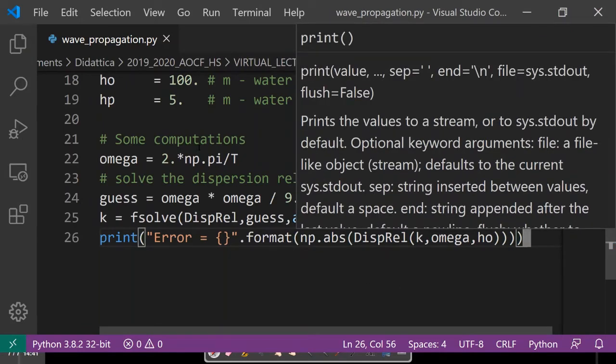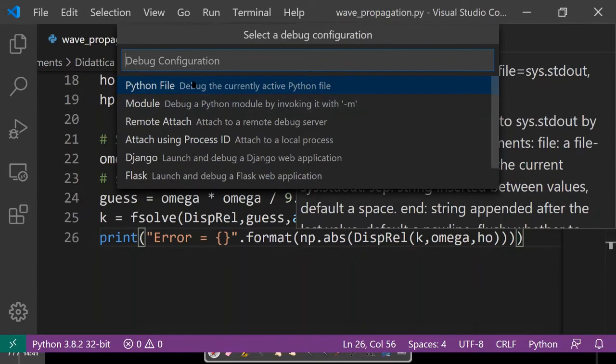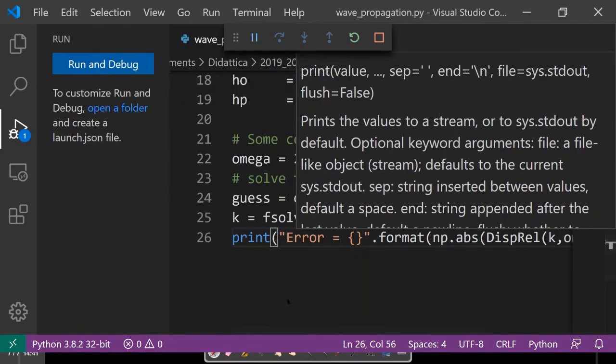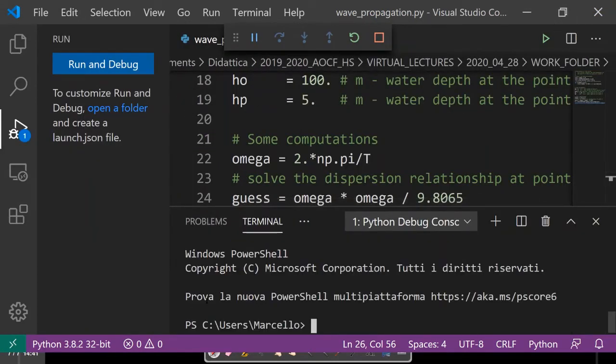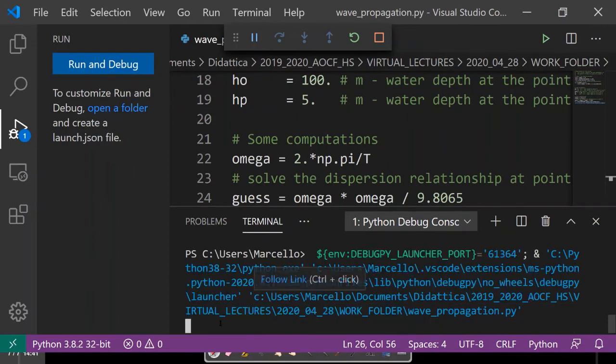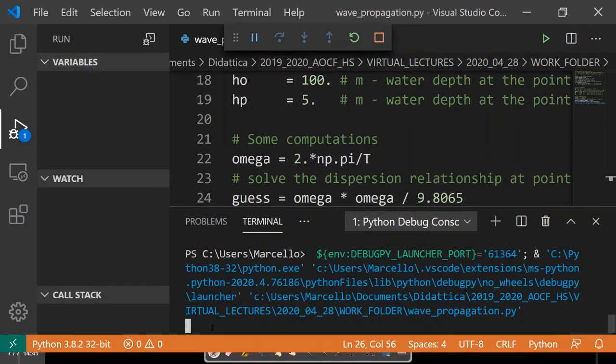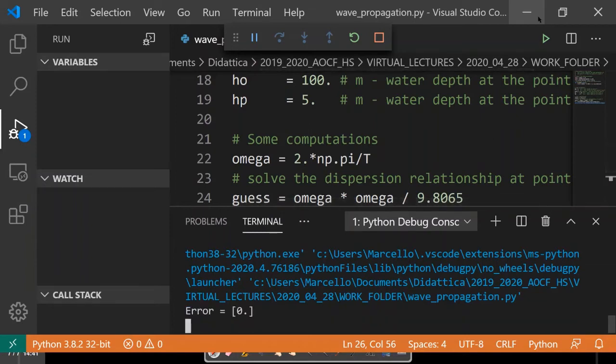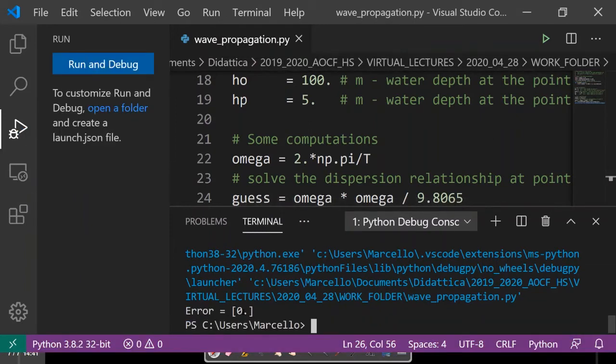If I execute this script, we should read here the error, and if the script is well written, the error should be very small. Error is equal to 0, exactly to 0.